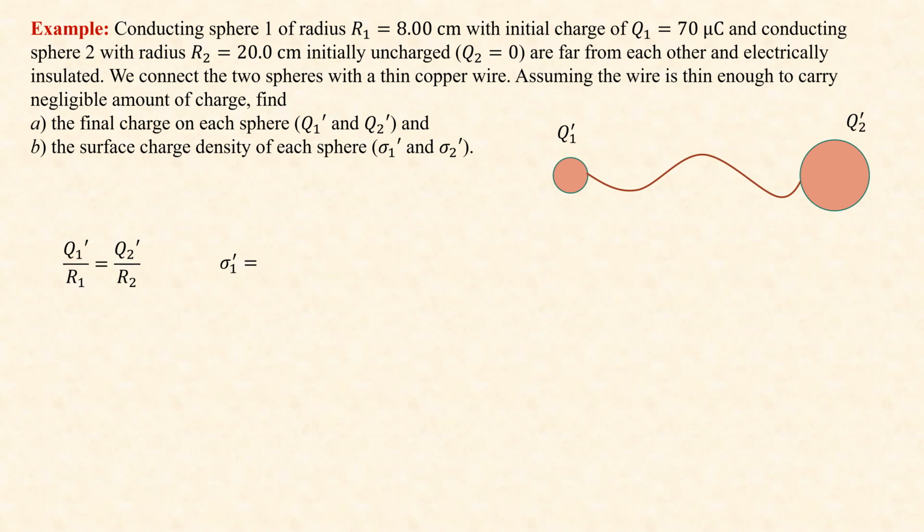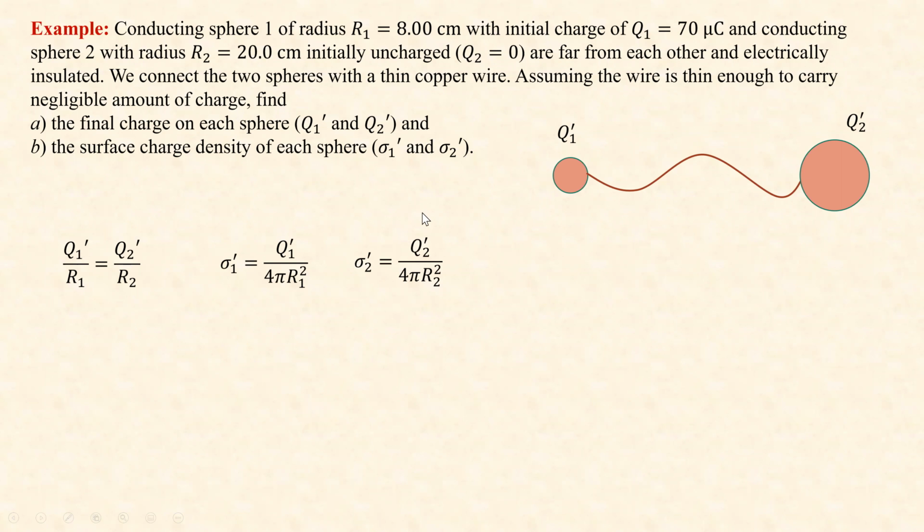Can somebody tell? What is the surface charge density of this sphere? The surface charge density is the total charge it has divided by the surface area, isn't it? So it becomes Q1 prime divided by 4 pi R1 squared. 4 pi R1 squared is the area of the sphere 1. And the same for the second one, Q2 prime divided by 4 pi R2 squared, sorry.